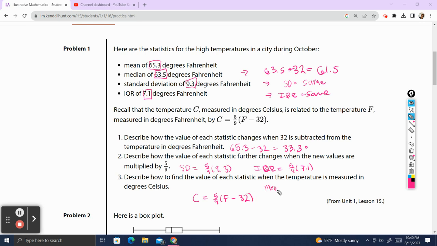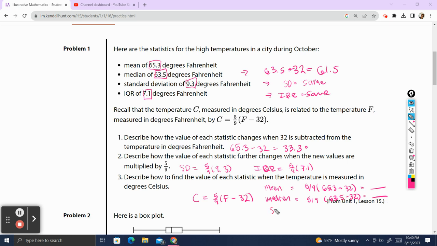For the mean, we're going to have 5/9 times 65.3 minus 32, and that's going to give you your answer. For the median, we're going to have 5/9 times 63.5 minus 32. Plug it into a calculator and calculate that number yourself.